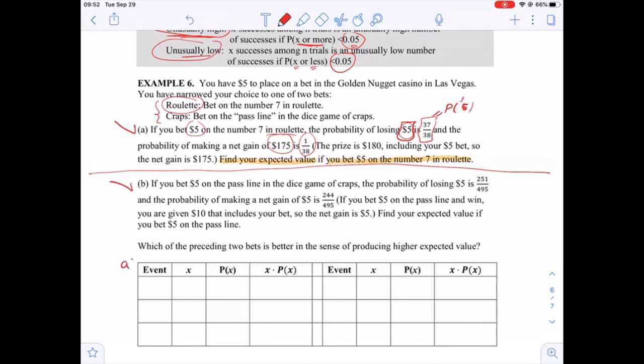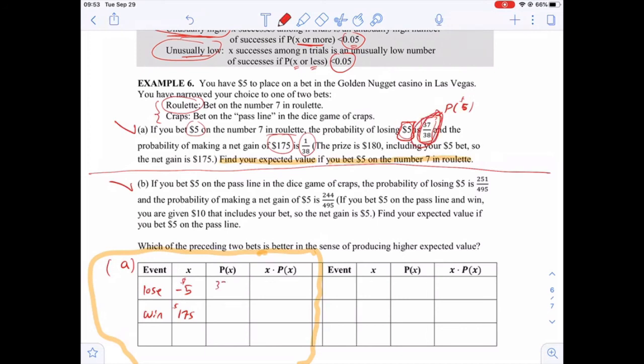So we make a table. This table is just for part A, and we want to fill this table. The event is to lose or to win. You may lose $5 or win $175. What is the probability of losing $5?